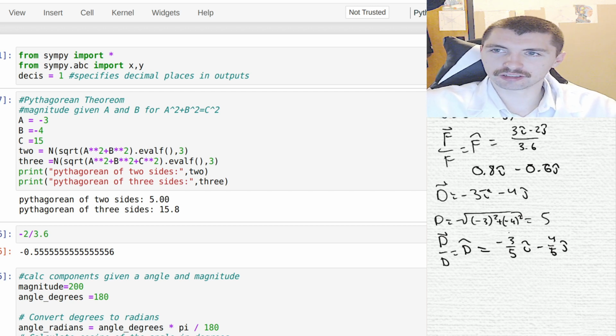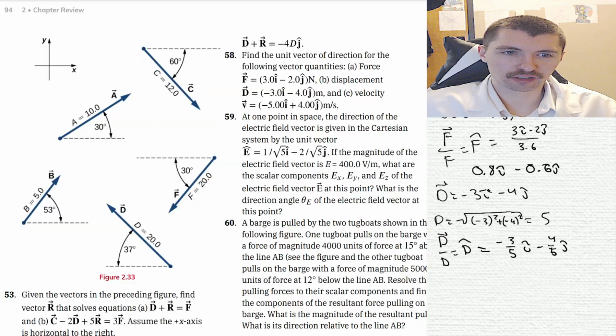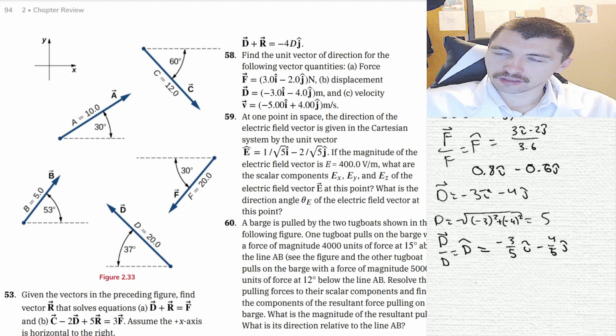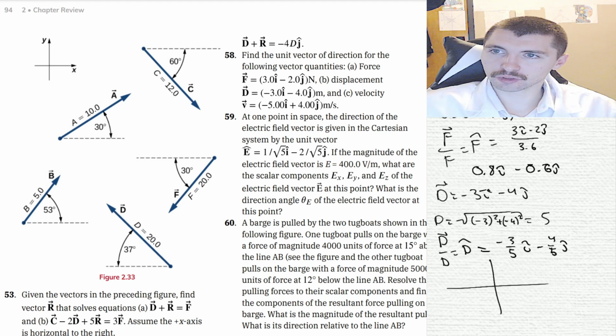So if you want to understand what's happening here, we're going -3, -4. So let's say this is our D vector. What we're doing is finding, if this is 1 and this is 1, what's the direction of this? What's the unit vector?